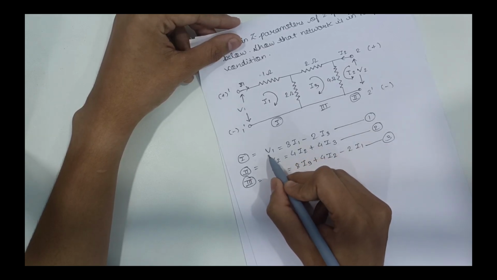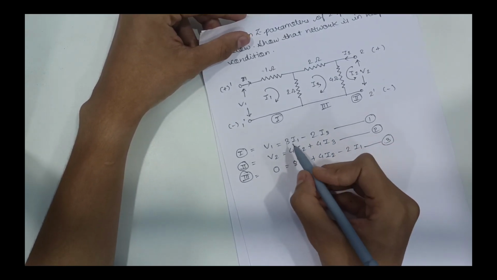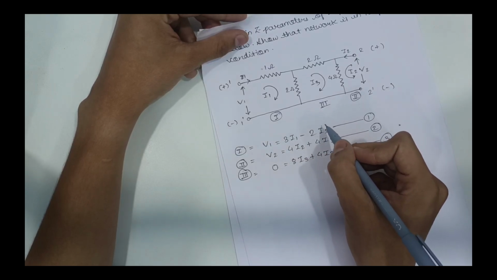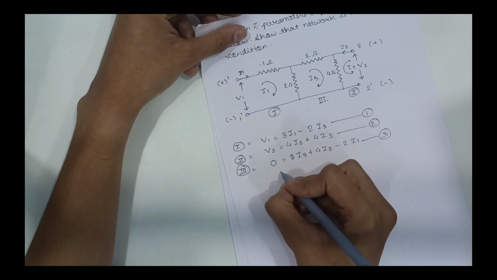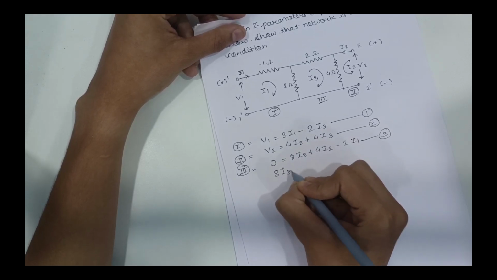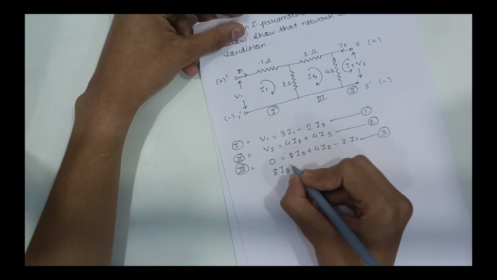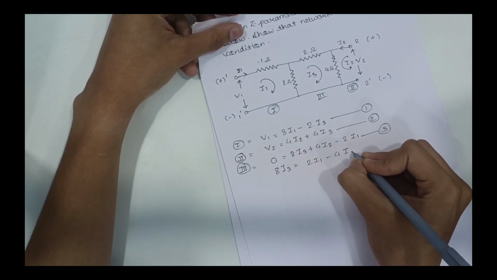As our generalized equation says, there should be Z I1 plus Z I2, so in the first equation we have to replace I3 by I1 and I2, and likewise in the second. So we solve for I3, which we will put in these two equations. 8I3 is equal to 2I1 minus 4I2.